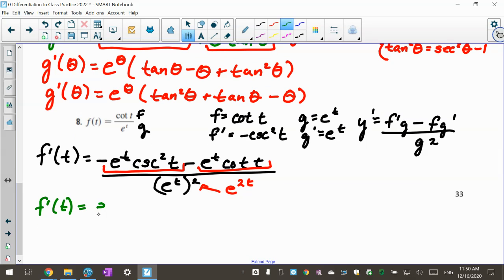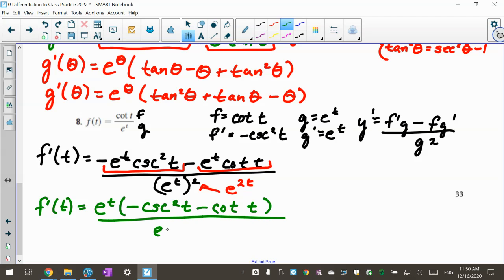And I'm going to factor out the e to the t so I can simplify this more. So I've got a negative cosecant squared t minus cotan t all over e to the t squared. And now you see why I did this, because I can say thanks for playing, that cancels out.